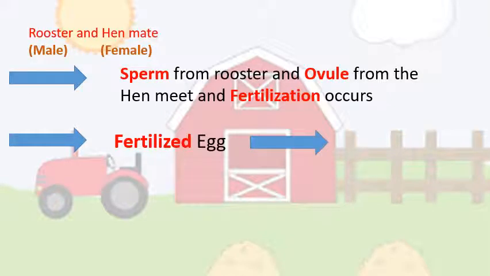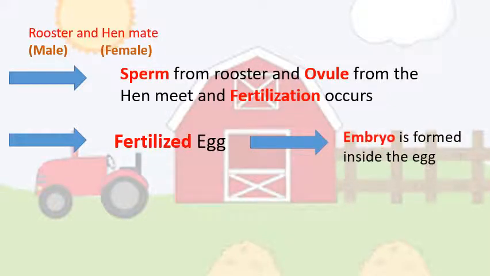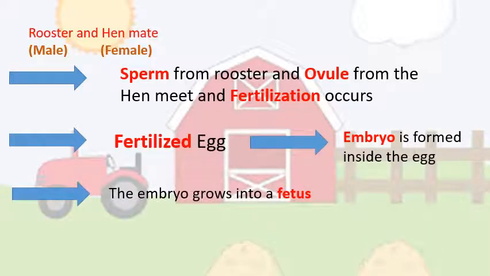Then inside this fertilized egg, an embryo is formed. So there is an embryo inside this fertilized egg. Then the embryo grows into a fetus. Again, we have a male, which is the rooster, and a hen, which is the female. We're going to have the sperm from the male, the ovule from the female.